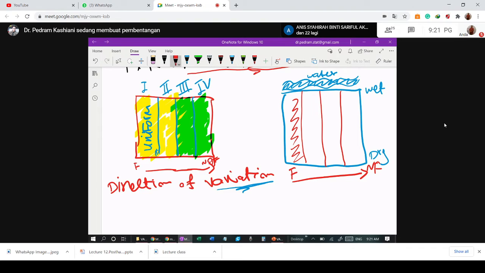But the problem is that inside the same block, some of the soil is wet, and in this area the humidity is very low. So this is a dry area. Again, I couldn't follow the rule. The rule says inside a block should be uniform.